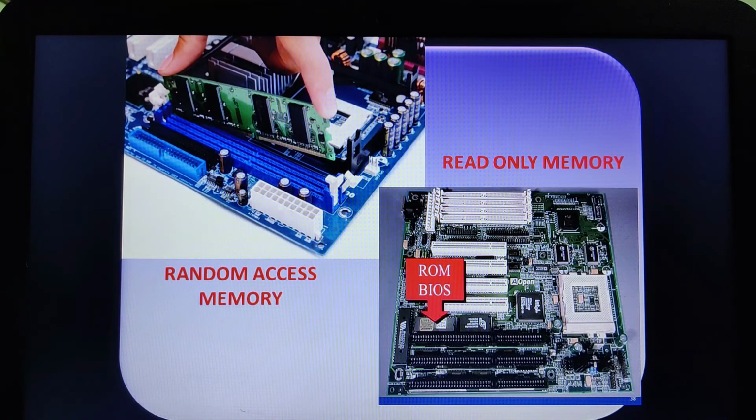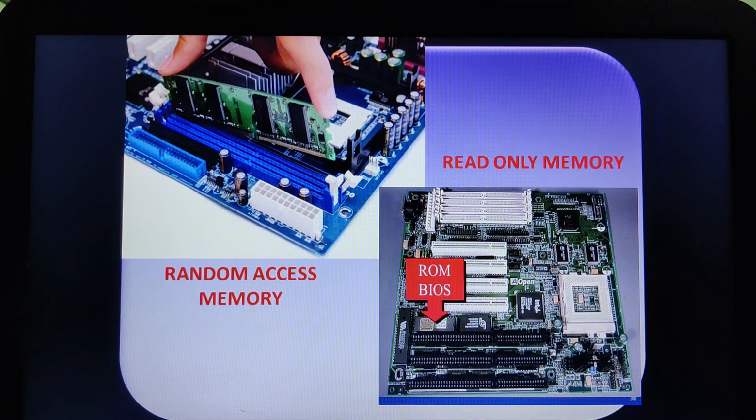Then moving on to the secondary memory. Since the primary memory cannot hold a large amount of data, which may include the programs that might be needed for processing, we need secondary storage devices. The secondary storage devices store the information permanently so that you can use it for future purposes, unlike the primary memory, which is a temporary storage location.